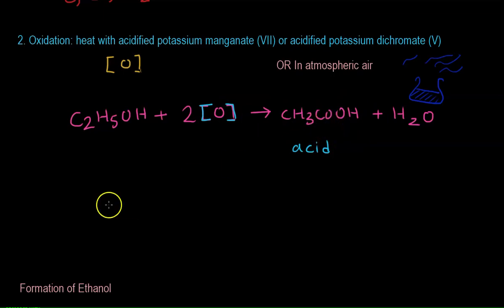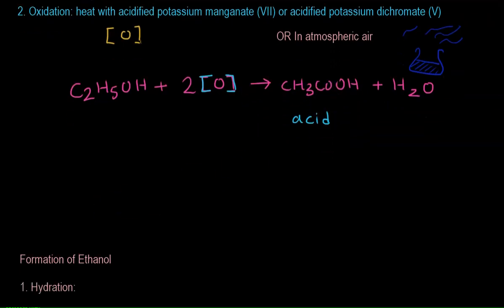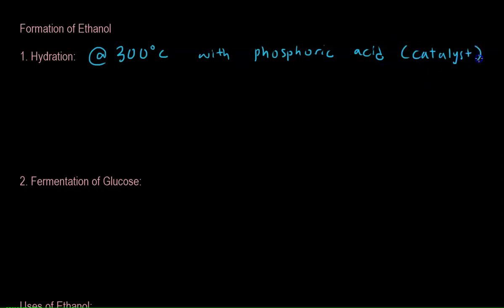Okay, next we will talk about its formation. First, it's hydration. So hydration takes place at 300 degrees Celsius in the presence of phosphoric acid. Okay, phosphoric acid acts as the catalyst. Okay, this is very similar to the alkenes reaction.